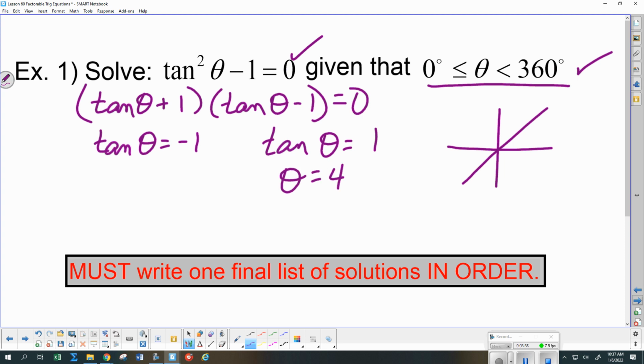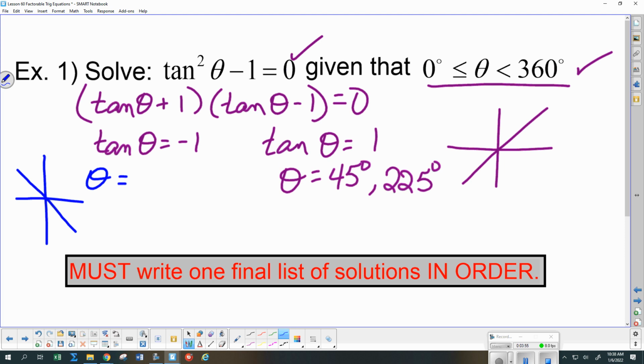So when we are at 45 degrees or 225 degrees, we know that the tangent is negative 1 when we are in the second and fourth quadrants. So when theta is 135 degrees or 315 degrees.